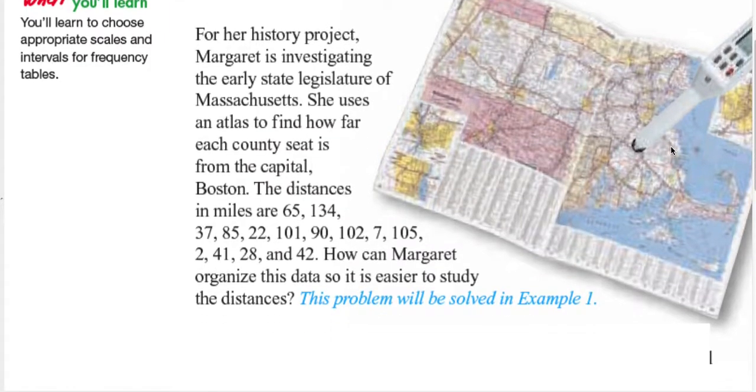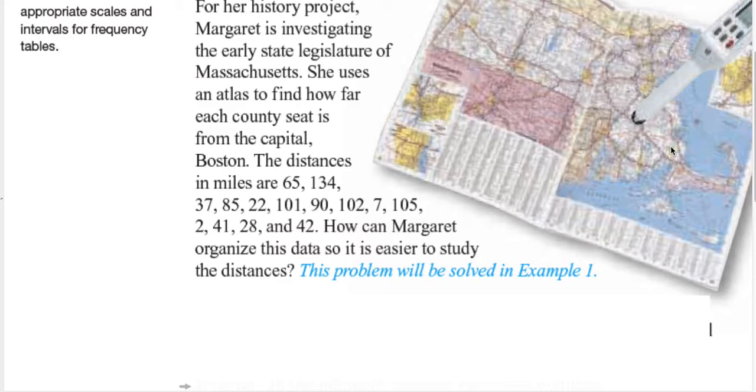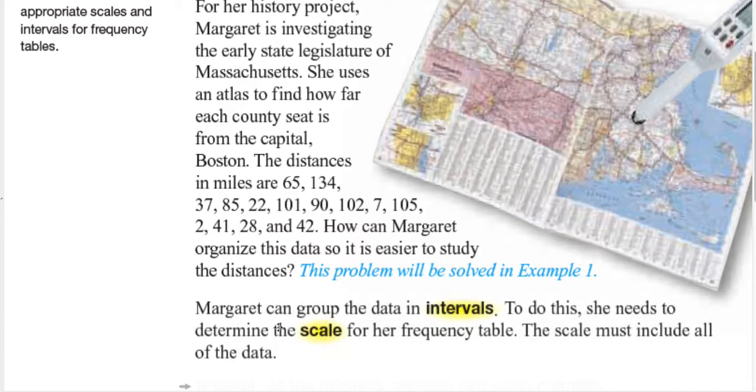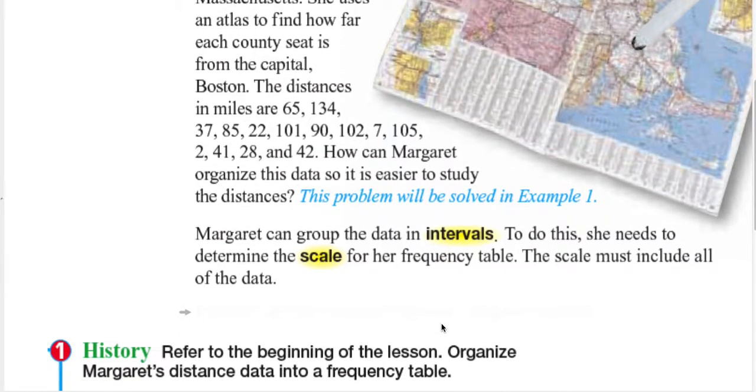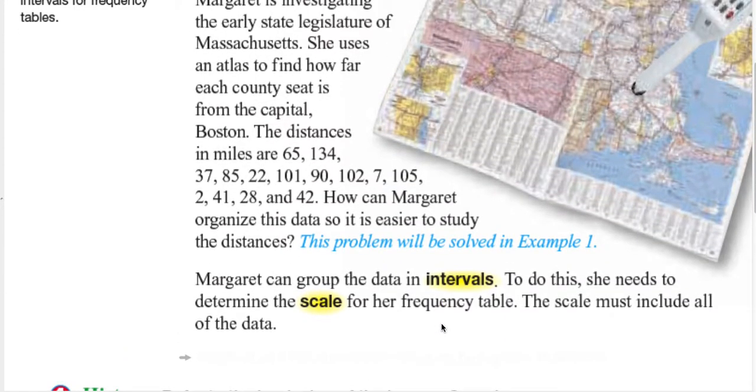But onwards to what we're trying to do in this math lesson. So what is Margaret faced with? Margaret can group the data in intervals. To do this, she needs to determine the scale for her frequency table. The scale must include all of the data. So here it basically defines what the scale is.